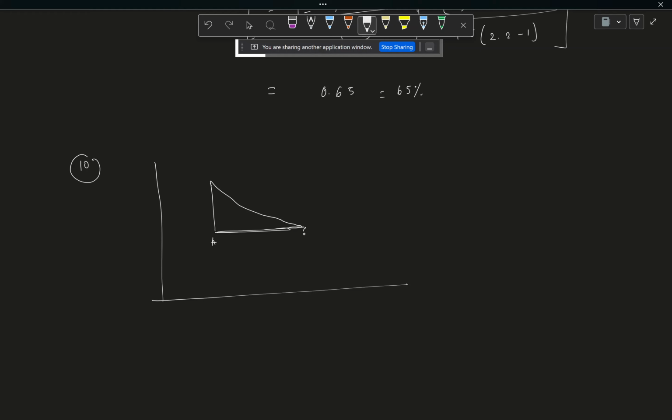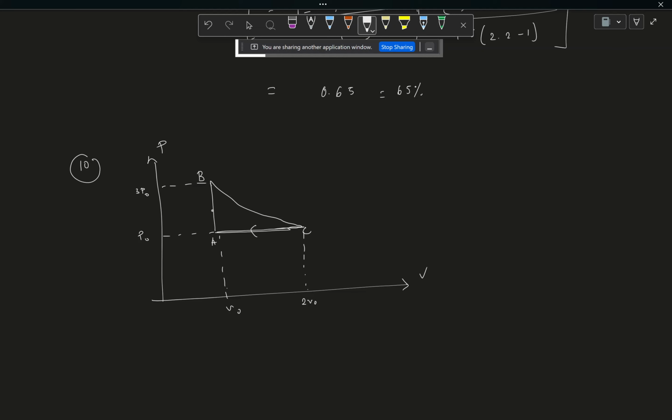This is A, this is C, and this is B. This is a P versus V diagram. As per the question, this is the volume V0, this is 2V0, and this is a pressure of 3P0, and this is P0.